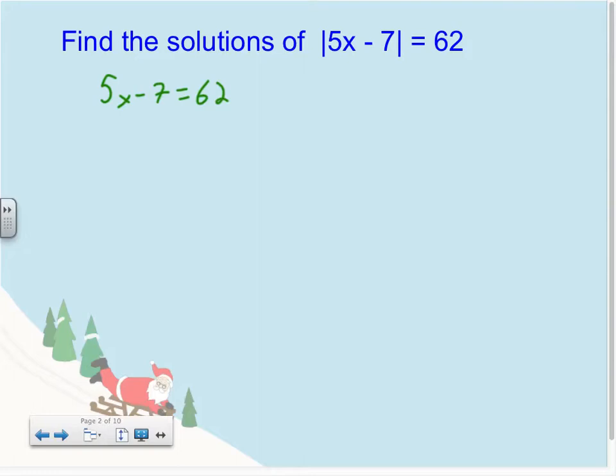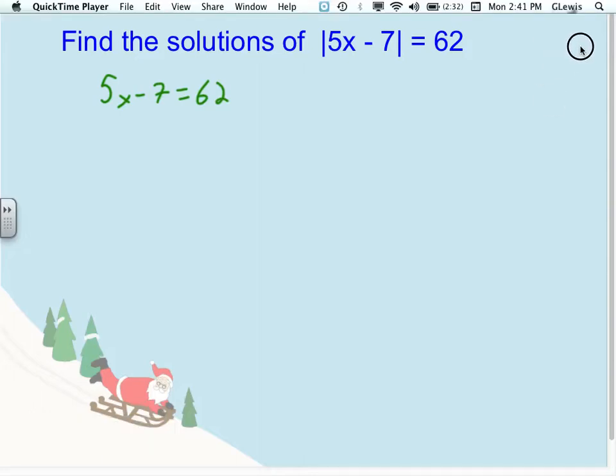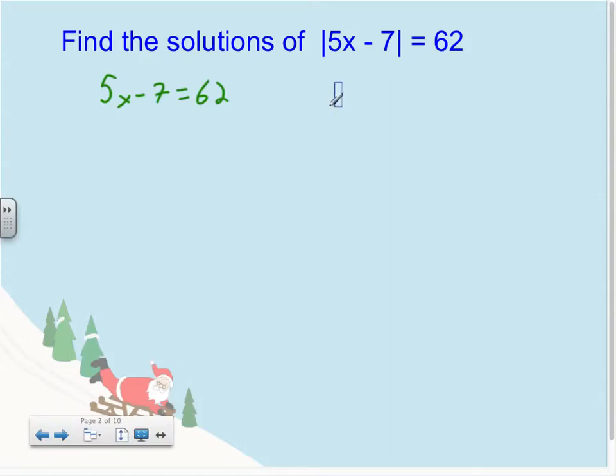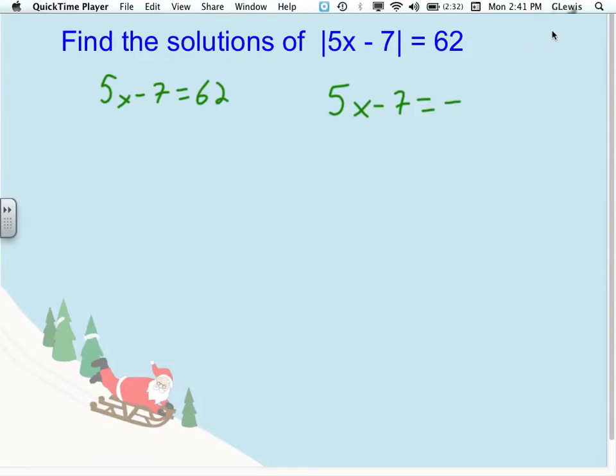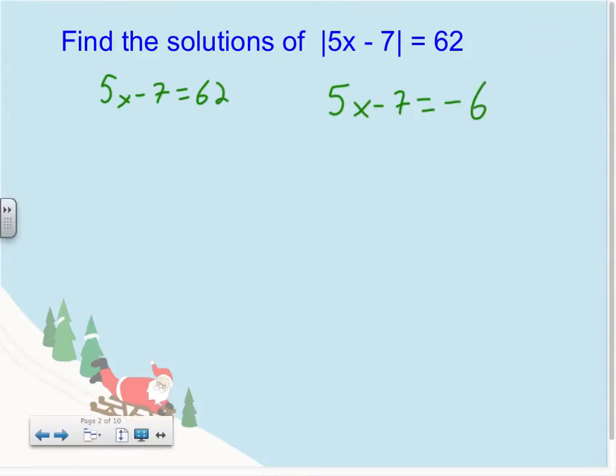But we also know that if 5x minus 7 equals negative 62, that this will also be true because the absolute value of negative 62 is 62. So we're going to solve both equations separately, and that'll give us our two answers.